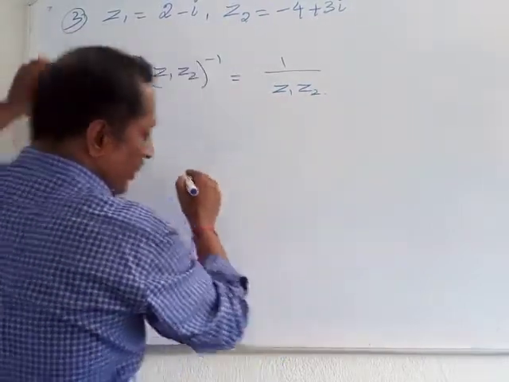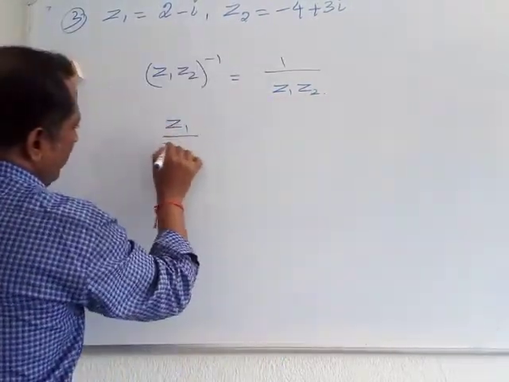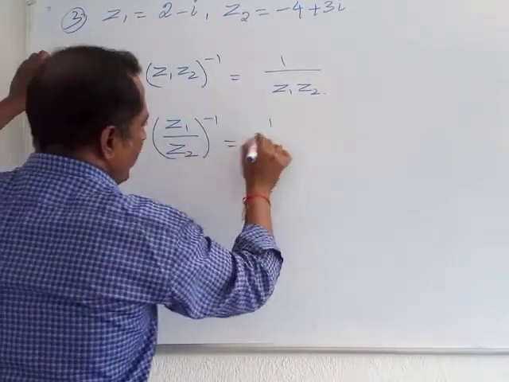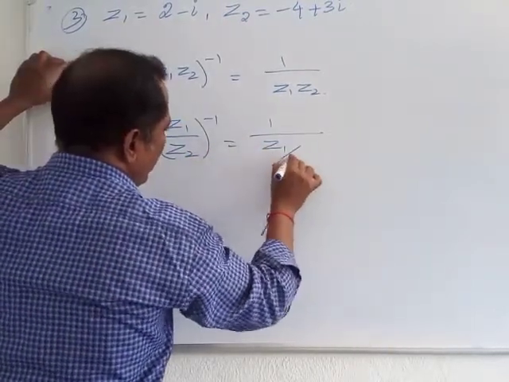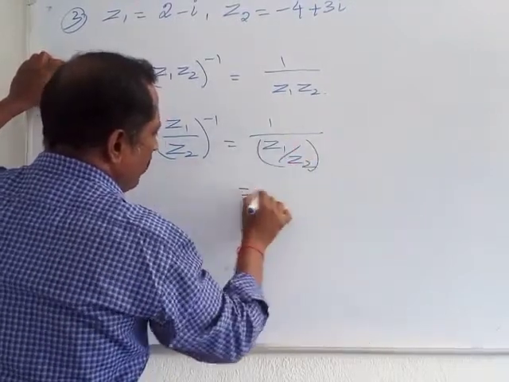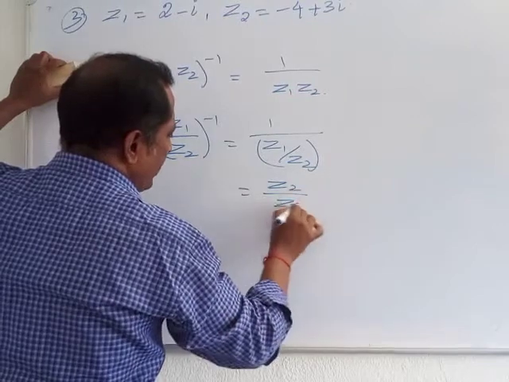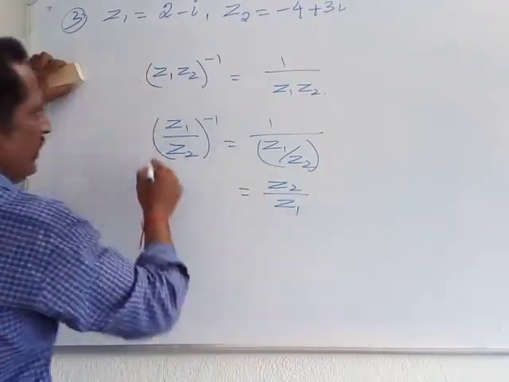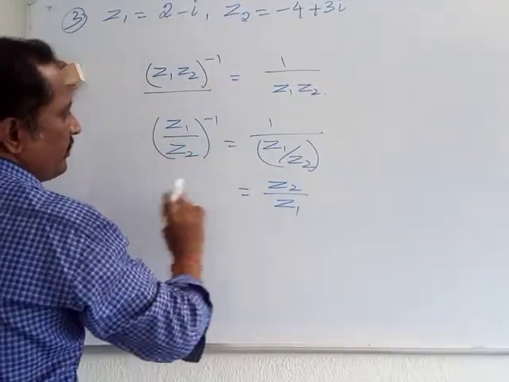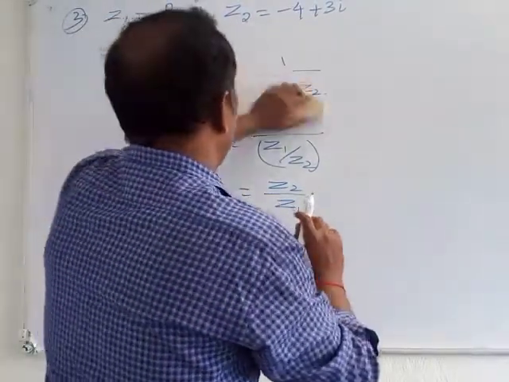And z1 divided by z2, the whole inverse, means 1 divided by z1 by z2. So denominator goes to numerator, that is z2 divided by z1. So the inverse of the first one is 1 by z1z2, and the inverse of the second one is z2 by z1.